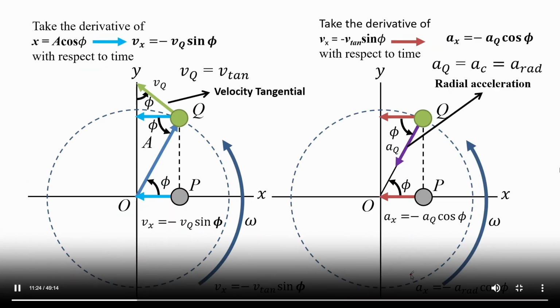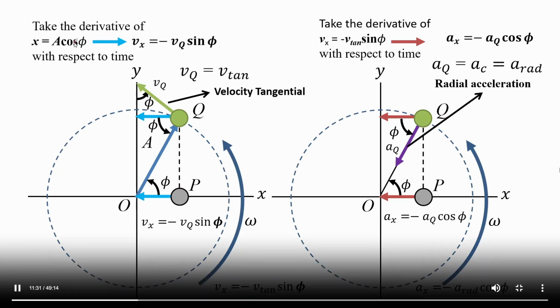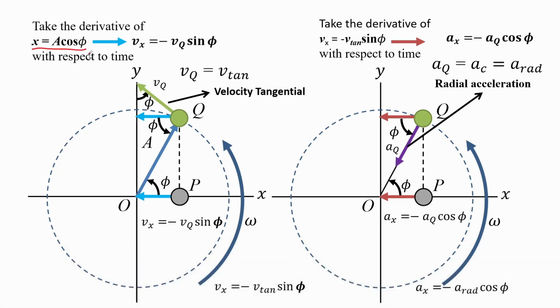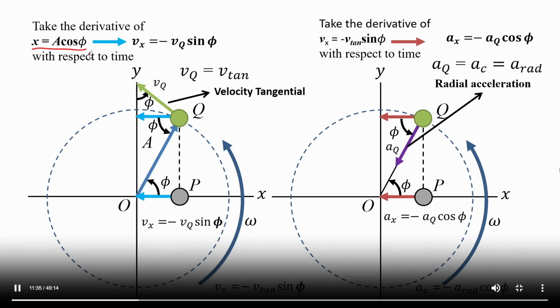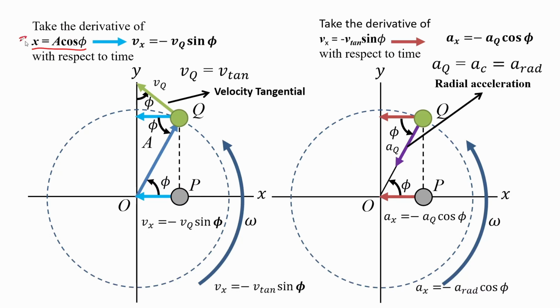Now let's compare these two events, actually the same event but with different calculations. Your position is given by x is equal to a cosine phi. If you take the first derivative of this, dx over dt gives you the velocity vx.